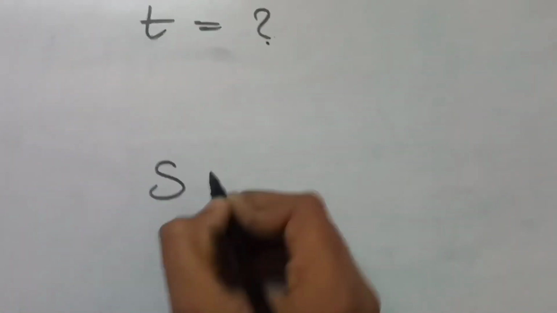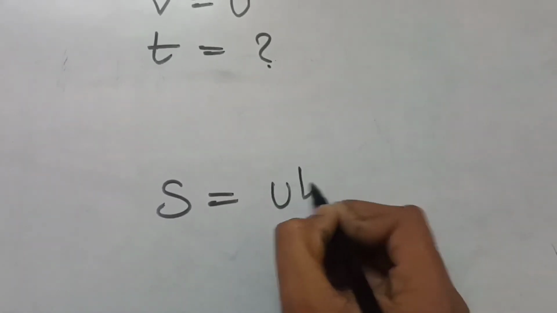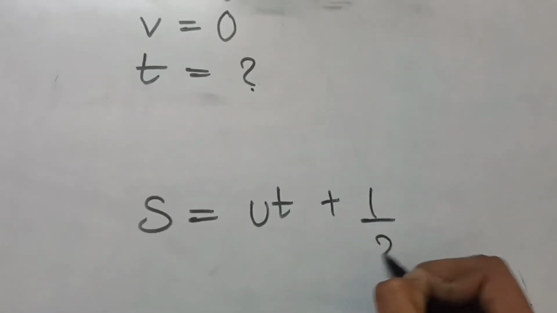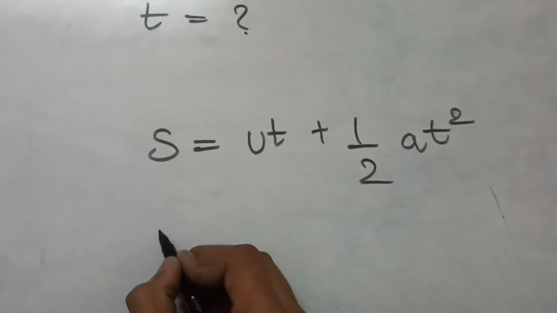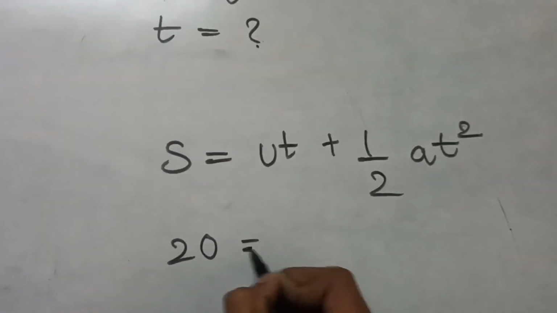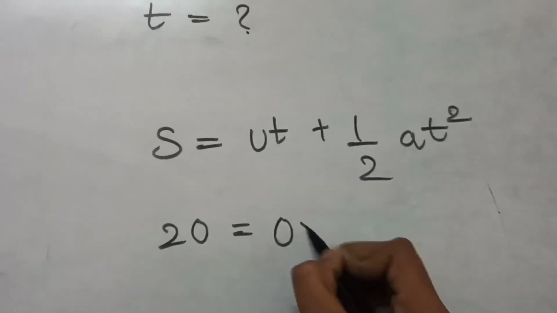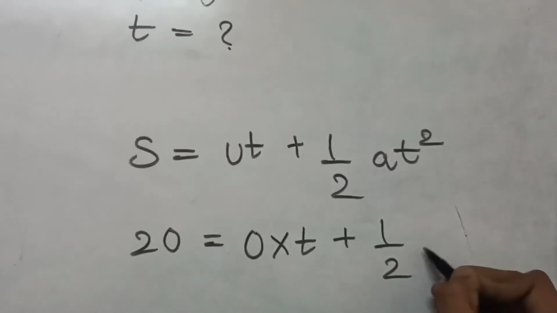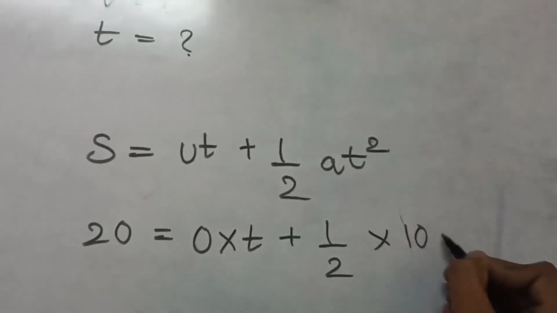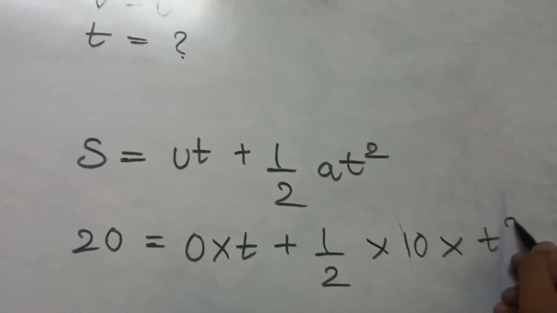So here we will use the equation s is equal to ut plus half at square. We know s is 20 meters, u is 0 into t plus half into 10 into t square.